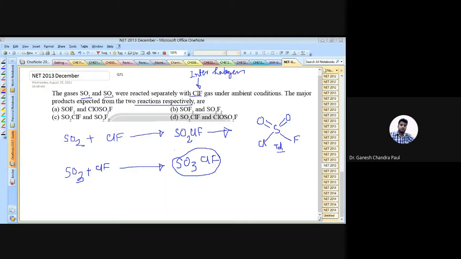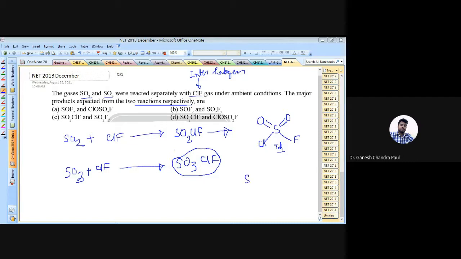It is sulfuric chlorofluoride. So what is the structure then?